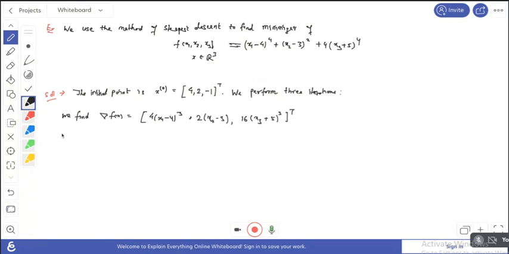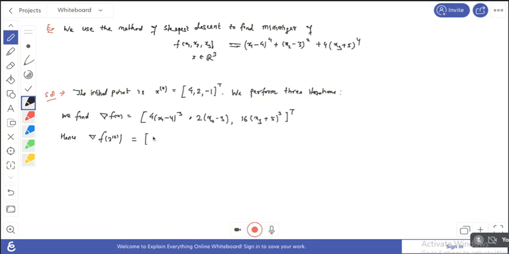Okay, so now you have to find the gradient at the initial choice point. The gradient of f at x0, we have to find the value of the gradient at x0. So now we put x1 equals 4 here.